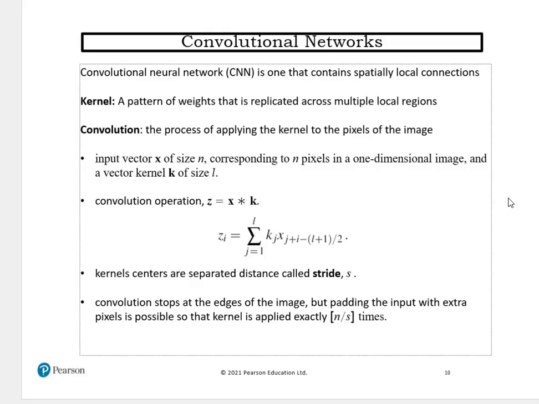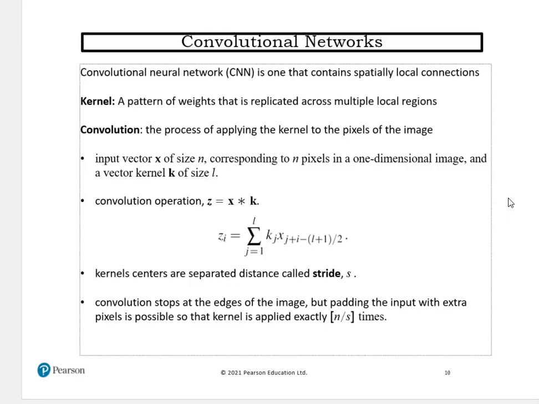So all of this suggests that we should construct the first hidden layer so that each hidden unit receives input from only a small local region of the image. This kills two birds with one stone.